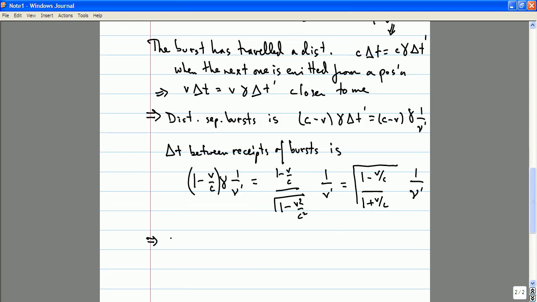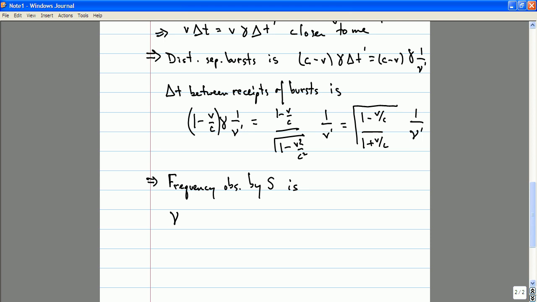So the frequency that I observe is just the inverse of that. So I'll call it nu observed, and it's the square root of 1 plus v over c divided by 1 minus v over c times the frequency emitted by the source.